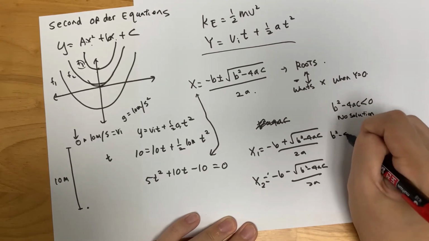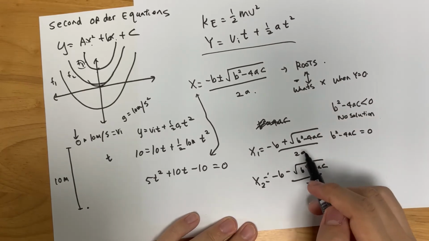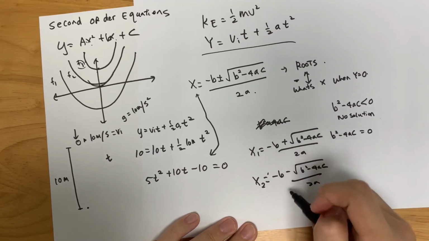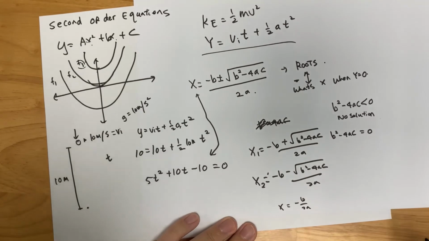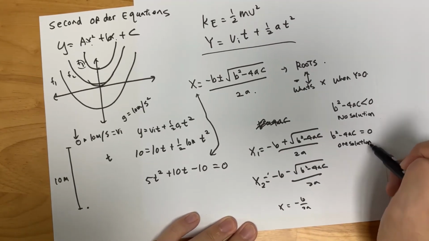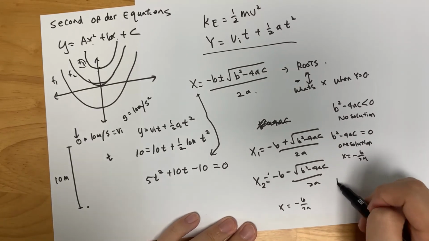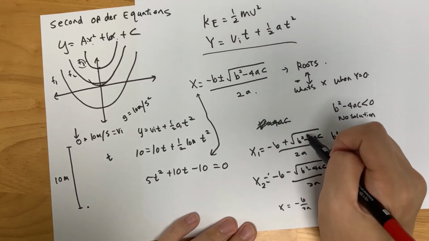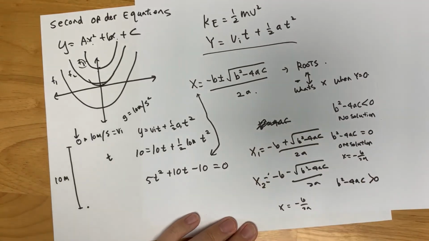If b squared minus 4ac equals 0, then this will be 0, so x will just be minus b divided by 2a, right? Then there's only one solution, x equals negative b divided by 2a. If b squared minus 4ac is greater than 0, then there's a plus one. If this is positive, there will be x1 and x2.